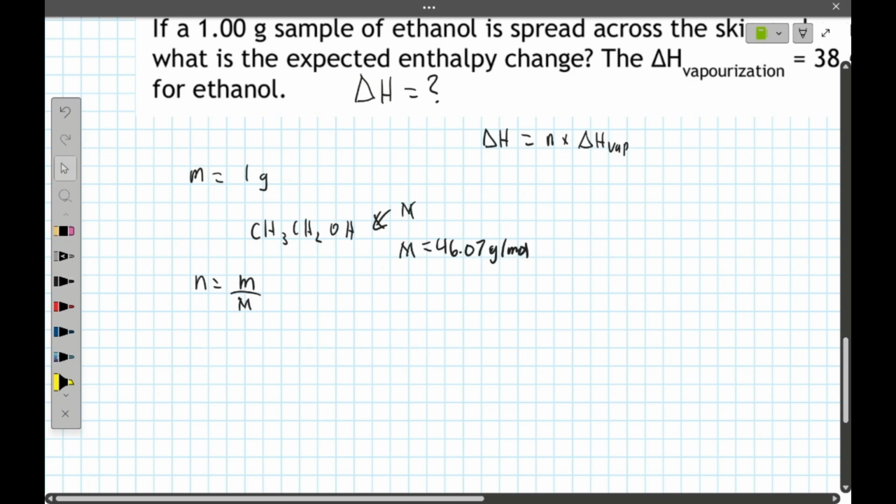So we plug this all into our equation. Number of moles is equal to 1 gram over 46.07 grams per mole. These cancel out, and we get 0.0217 moles.